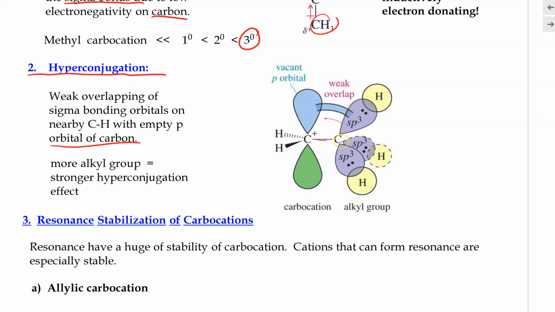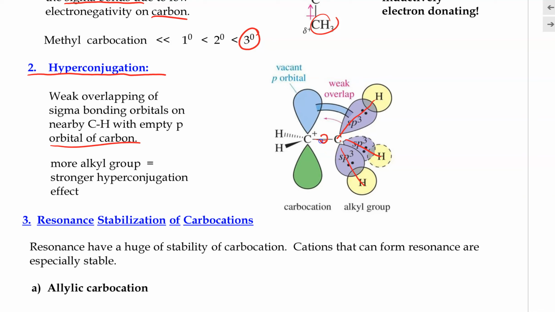So when we have a nearby methyl group, for example this CH3 group, there are electrons between this carbon and this hydrogen making up this sigma bond, and there are 3 of these C-H bonds.